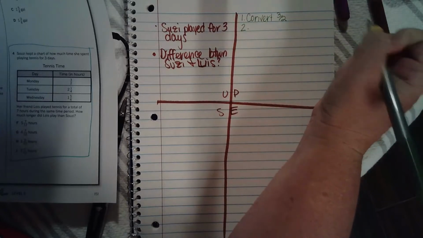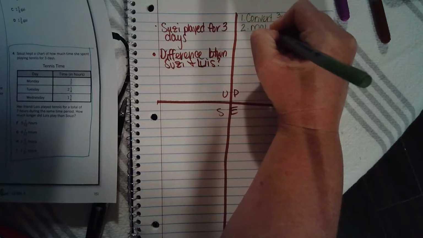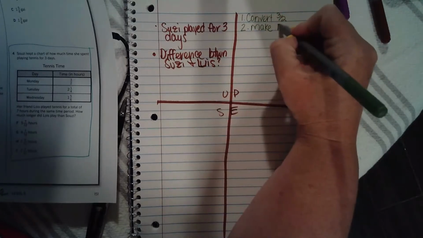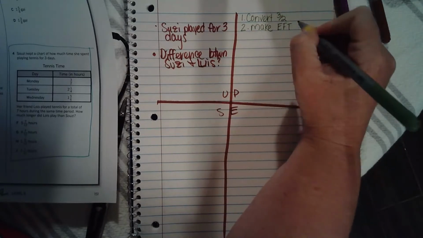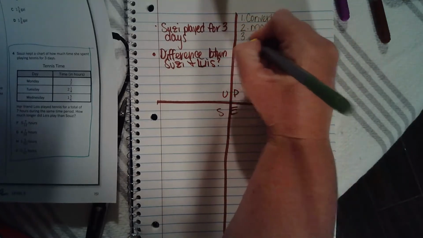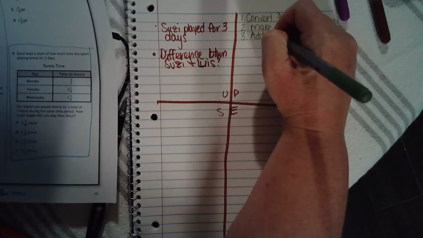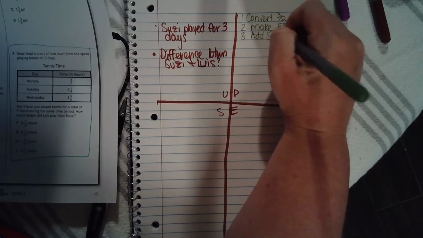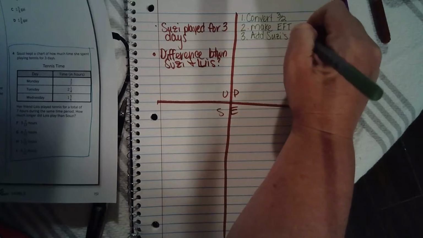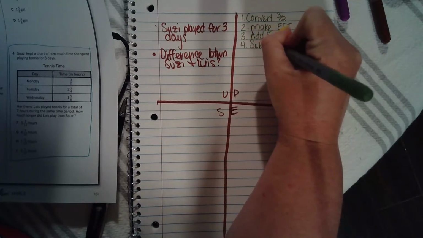Then I'm going to make an EFT for those fractions so that we have the same denominators before we add them. Then I'm going to add Susie's time and then subtract to find the difference.